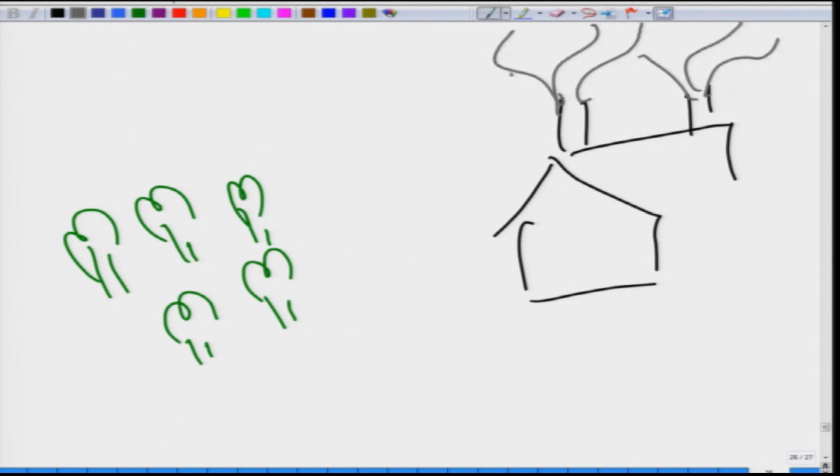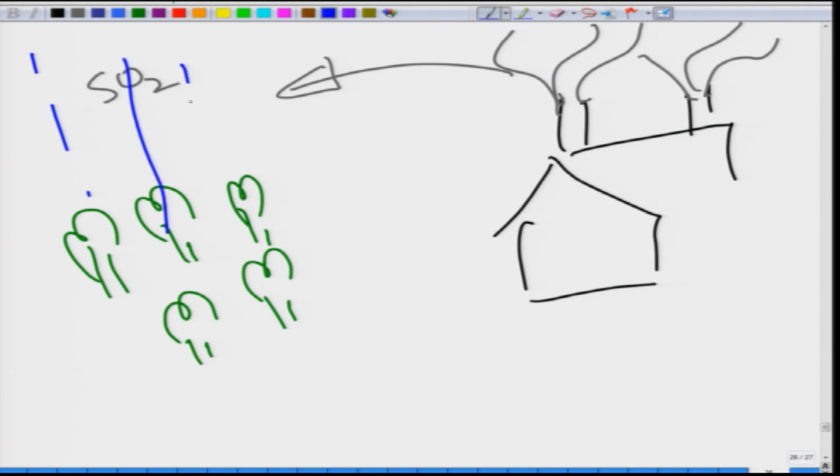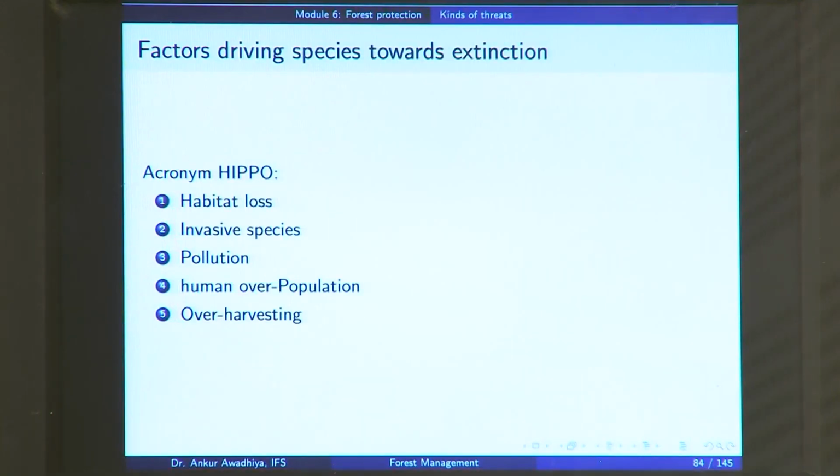Now, because of wind, this sulfur or sulfur dioxide is coming into this area, and with the rains it is coming down on the forest. So, you have a situation of acid rain, and because of this acid rain the trees are dying off. So, pollution is one major factor that is leading to a loss of our forest. It is a big threat to the forest.